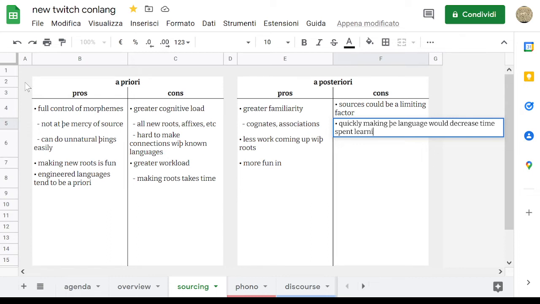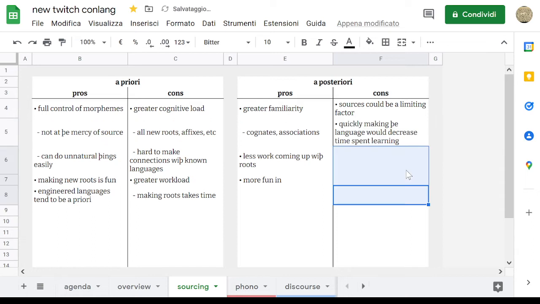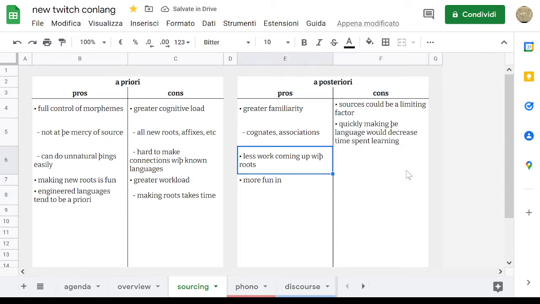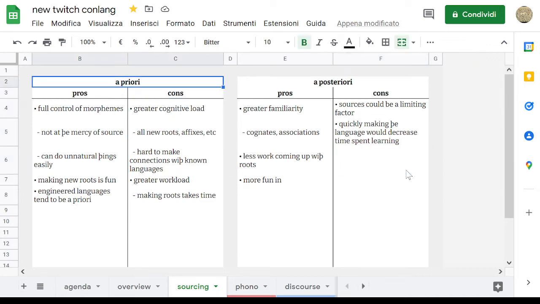Now, I doubt this is going to happen with this language just because I actually want to learn this language. I have motivation to do it because of the goal that I've made. I've made it a goal that I would actually want to use the conlang for. So that could mitigate this con. But those are my pros and cons for a priori, with this language at least.